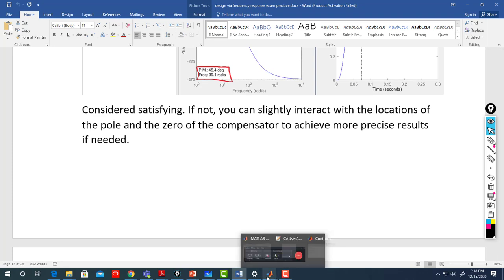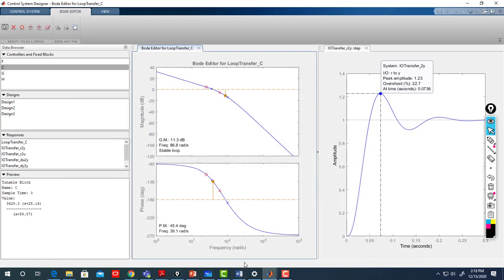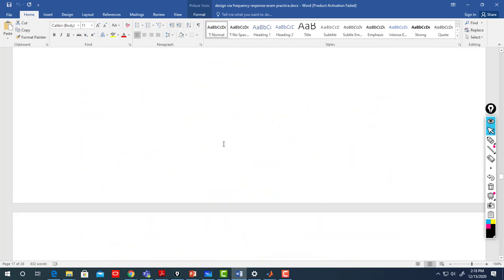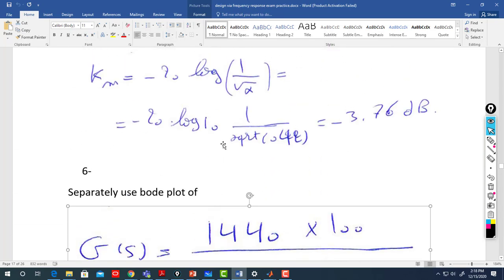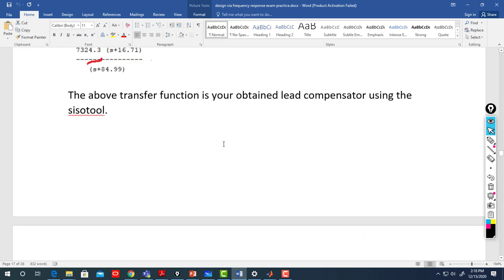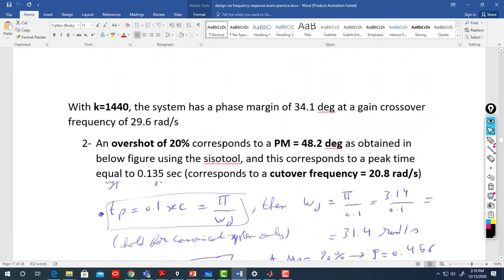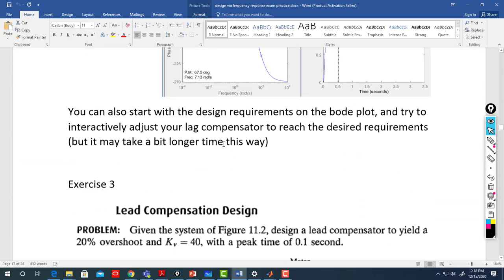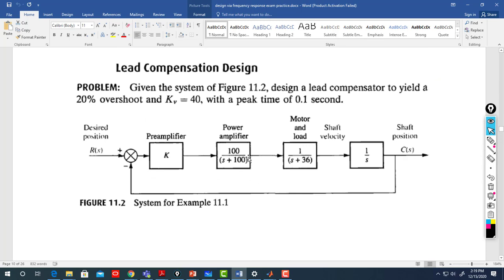So in this exercise, we started first by working with only gain and designed only gain, right? Then later on we designed a lag compensator. Then now we are designing a lead compensator. So for the same exercise, we saw different types of them. If you wish, you can compare the lead or lag given the same specification.